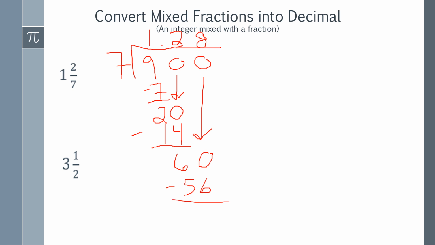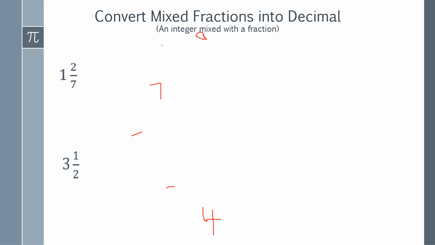And 60 minus 56 is 4. So we can keep going on and on. But again, you want to have at least 2 numbers after the decimal point. So 1 2/7 is equal to 1.28. So I'm going to write that number in there after I erase this. So that's equal to 1.28.